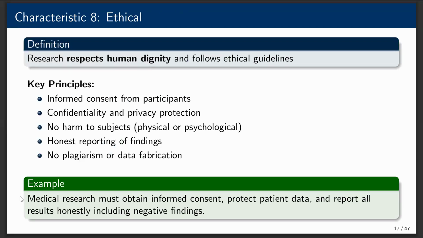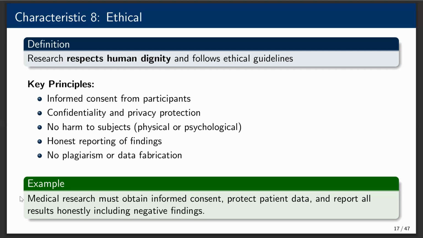Next is characteristic number 8, it should be ethical. Research respects human dignity and follows ethical guidelines. I think this time there was a question on research ethics. We'll be discussing that. So what are the key principles?